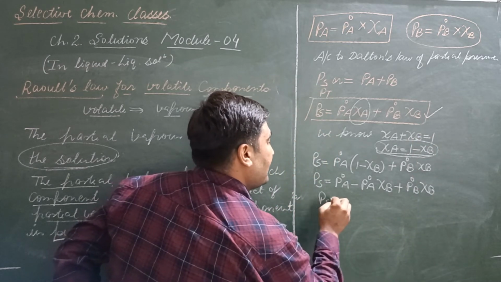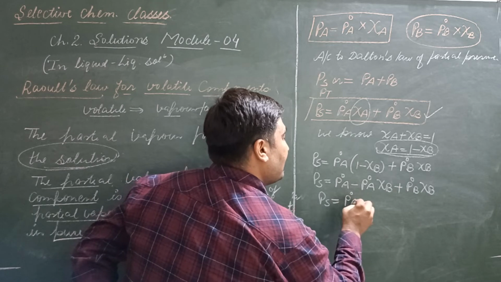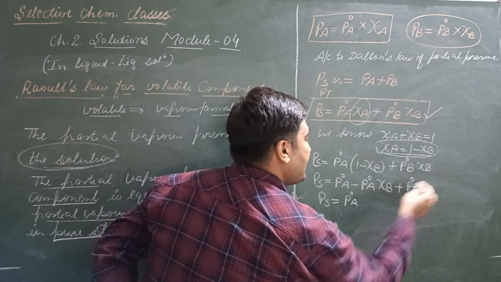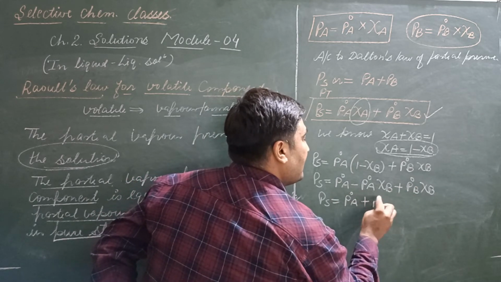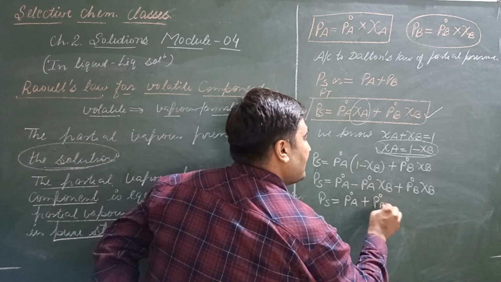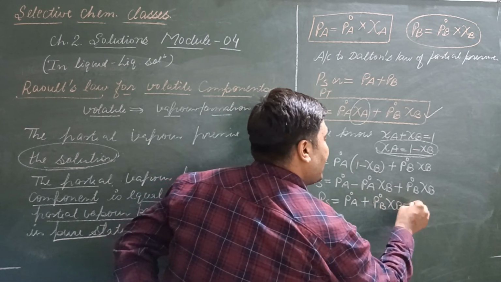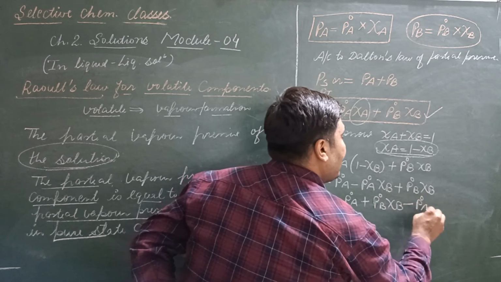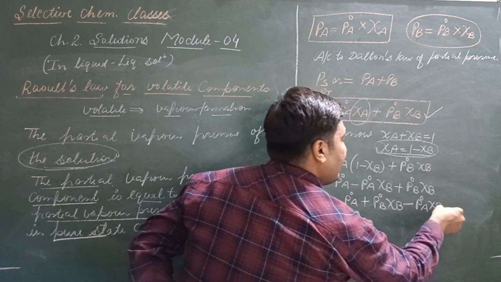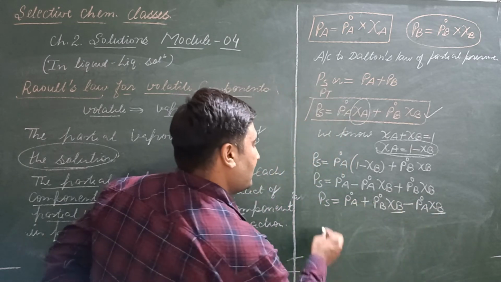Let's solve it. It will be P naught A, and let's take the minus term after the plus term. This will be P naught B chi B minus P naught A chi B. From here we take chi B common.